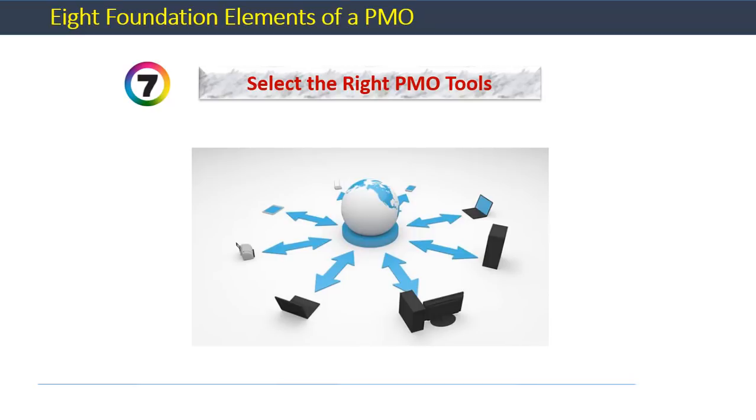If the PMO tool is limited in functionality, then that means either you won't be able to automate certain PMO functions, or in some cases, those PMO functions won't be implemented at all. In both cases, the optimal PMO functionality that an organization plans in its PMO charter won't be implemented. Acquiring and implementing the right tools, therefore, are quite important in the setup of an effective and productive PMO.